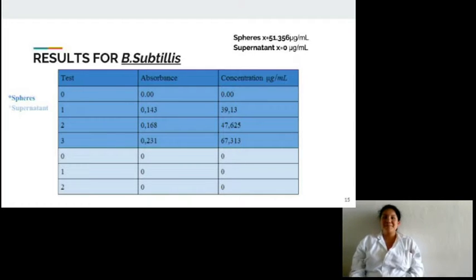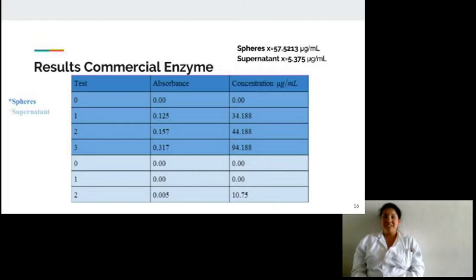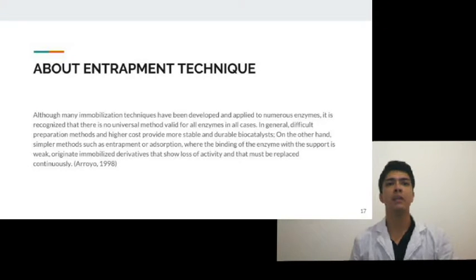And the results for the commercial enzyme are, for spheres, 57.52 and the supernatant is 5.37.